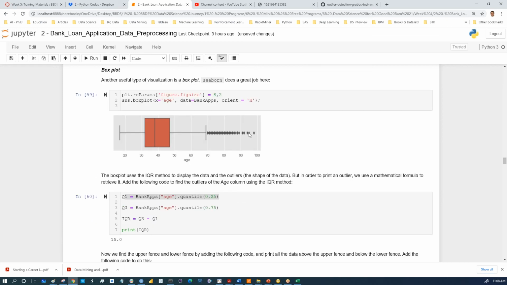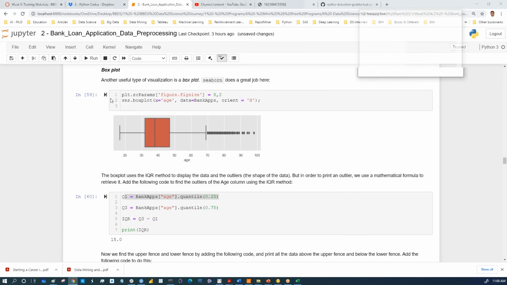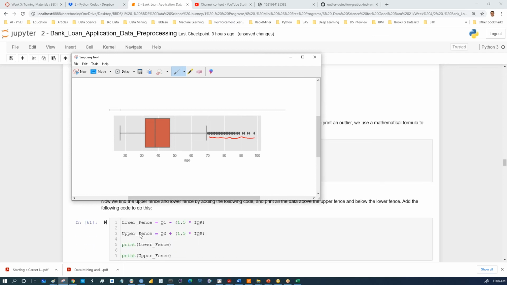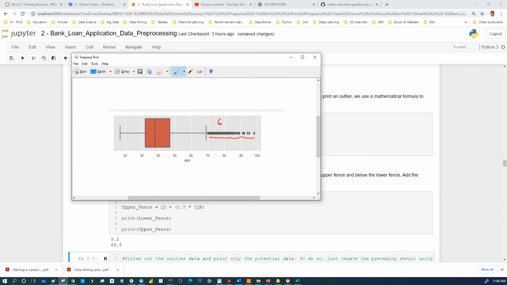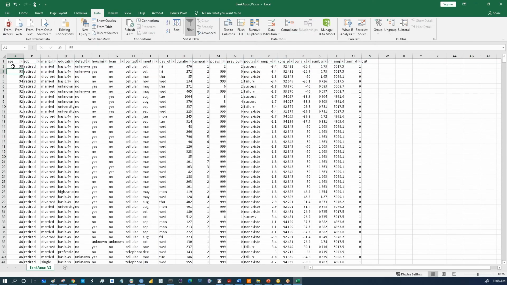So all these dots in here are above 69.5, and anything below 9.5 is an outlier, but luckily we don't have any. So let's take a look into the data. Above 69.5, these two are going to be outliers.